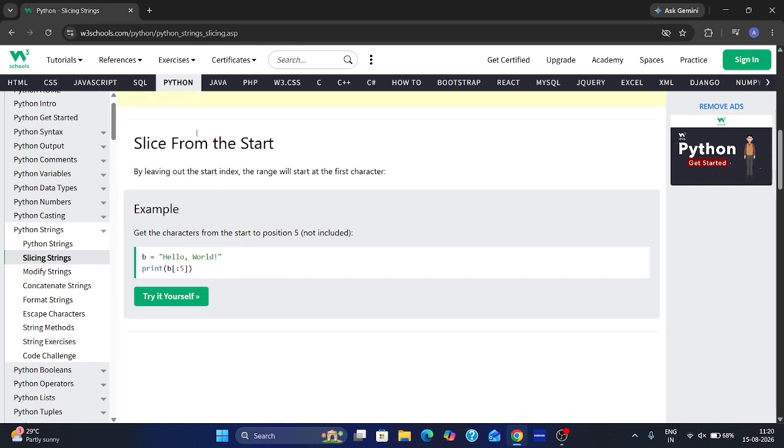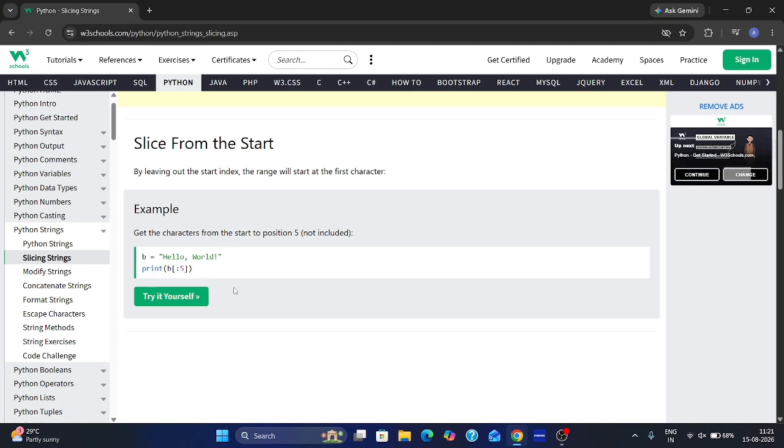So let's say slice from the start. By leaving out the start index, the range will start at the first character. I have shown you here colon 5. If no value is written before the colon, it means start from the first character.